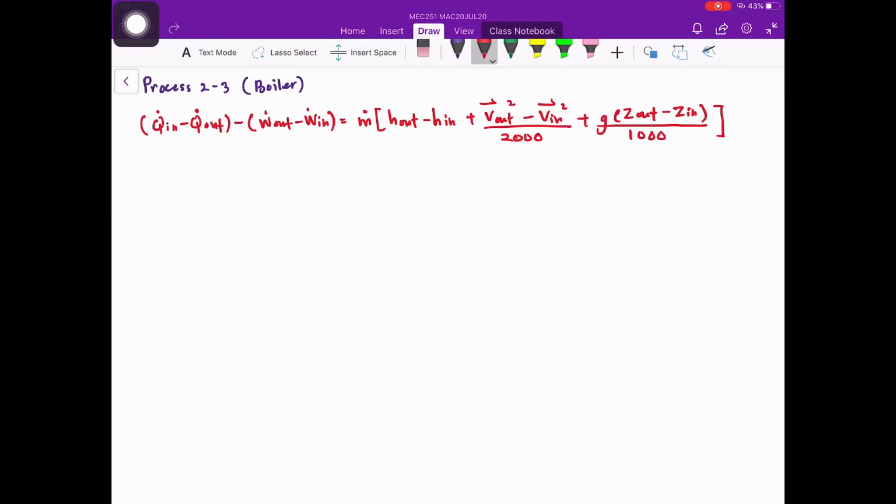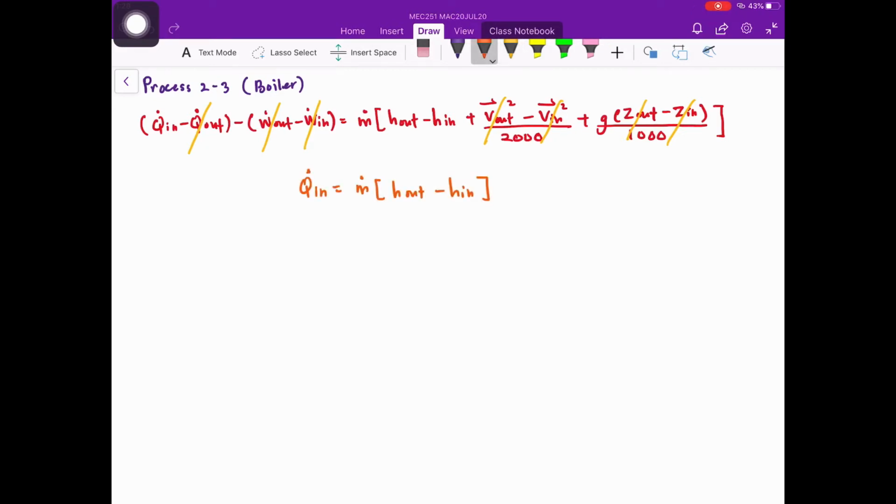The next device is the boiler. Note that state 2 is the inlet of the boiler and state 3 is the outlet of the boiler. From the steady flow energy equation, since the boiler is receiving heat, the term Q.in will remain in the steady flow energy equation. Based on our assumptions, we can neglect the terms Q.out, power, kinetic energy, and also potential energy.